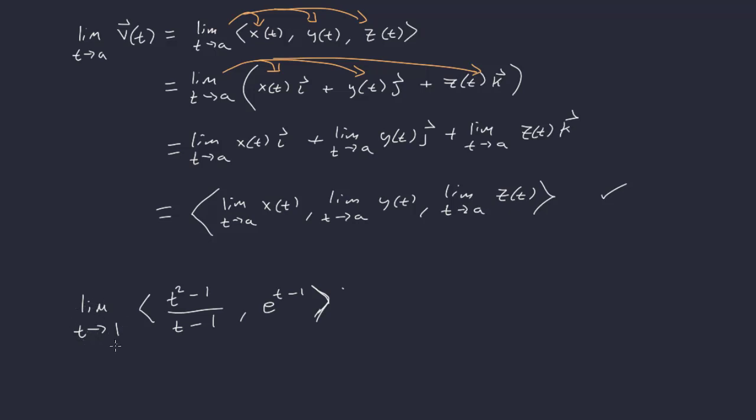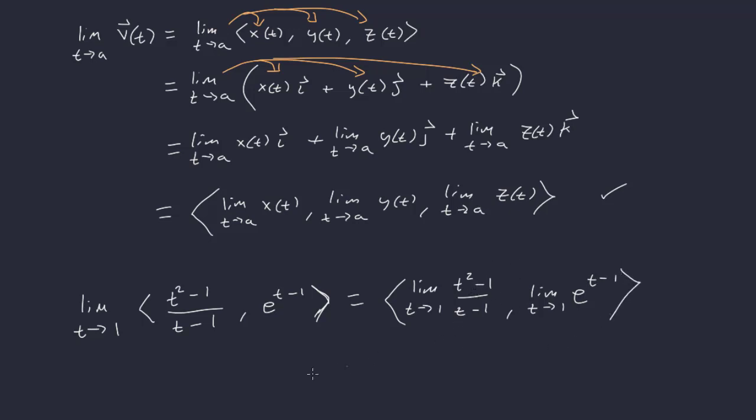Say we're taking the limit as t goes to 1 of t squared minus 1 all over t minus 1, comma e to the t minus 1. So we would just approach this how we normally would. It'll be the limit as t goes to 1 of t squared minus 1 all over t minus 1, and the limit as t goes to 1 of e to the t minus 1.